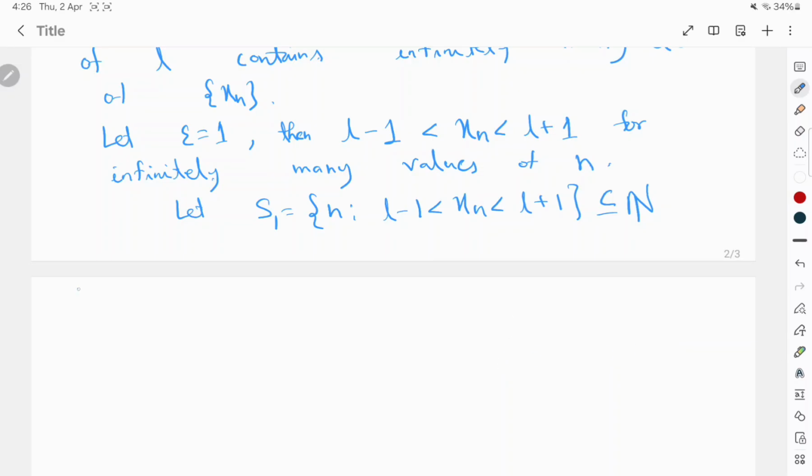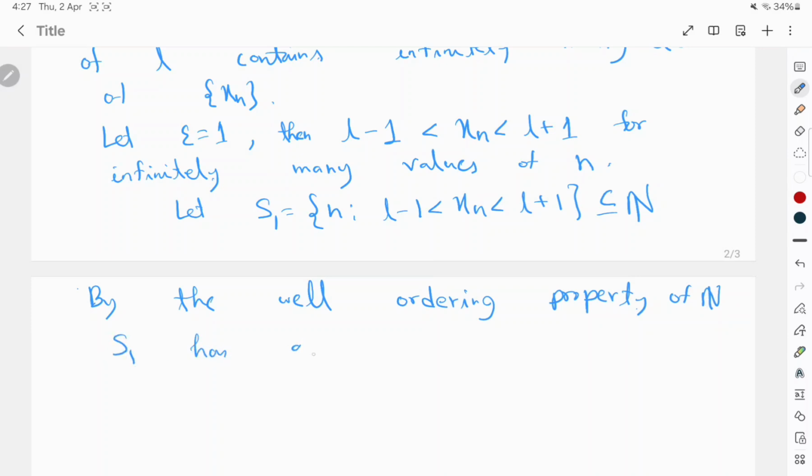By the well ordering property of the natural numbers, S1 has a least element, say R1.